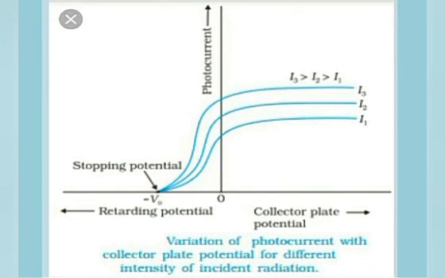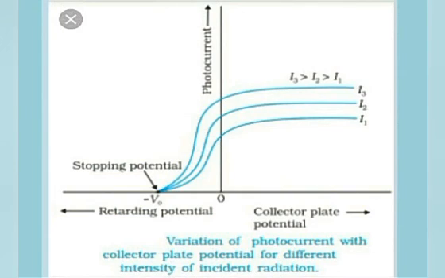To observe the nature of the graph, here they used 3 different intensities of radiation, I1, I2, I3. The variation of photocurrent with both accelerating and retarding potential is studied.